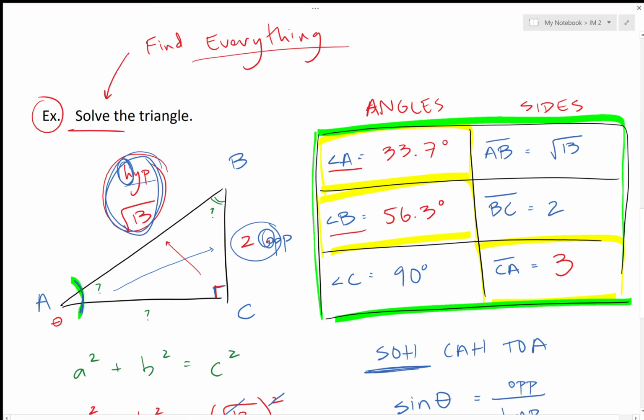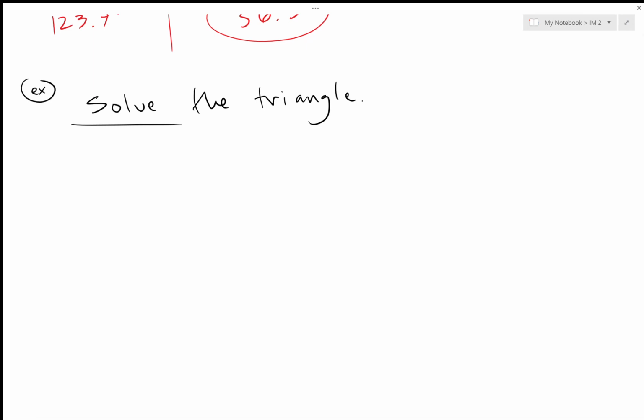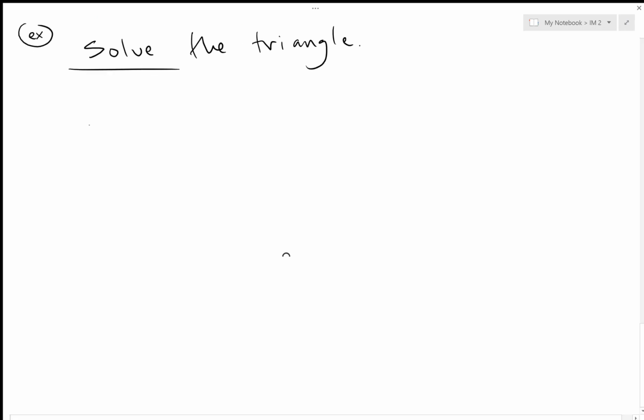Let's go ahead and try another one of these. So, for example, they want us to solve the triangle. And again, solve means find everything. So it's always going to be right triangles.